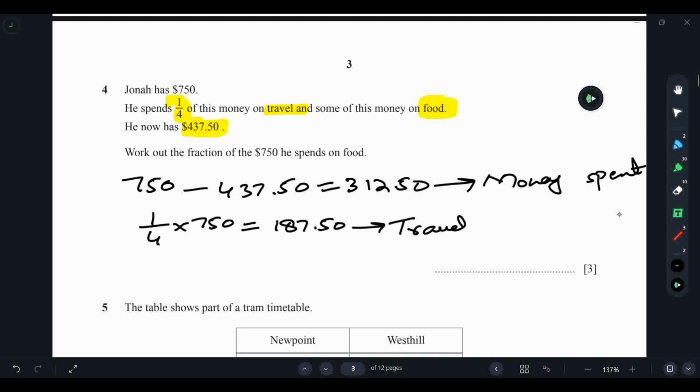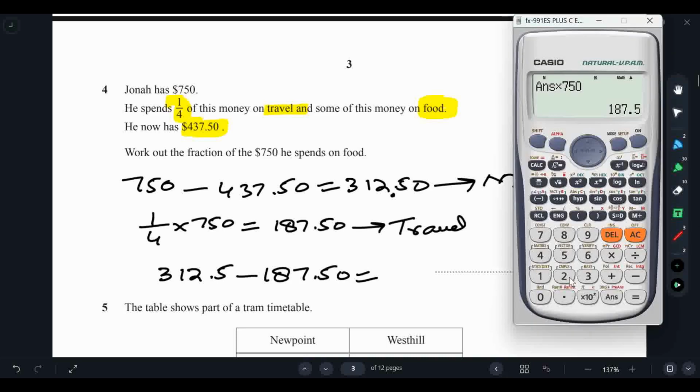Now this one is 312.5, the total money spent. We need to subtract the amount he has spent on travel, so that we have the amount spent on food.